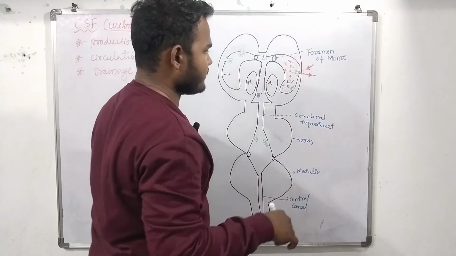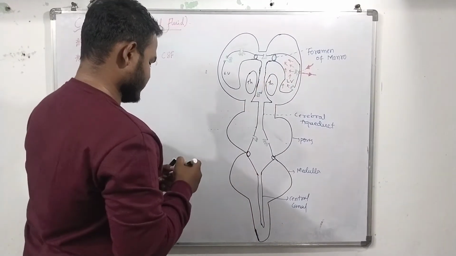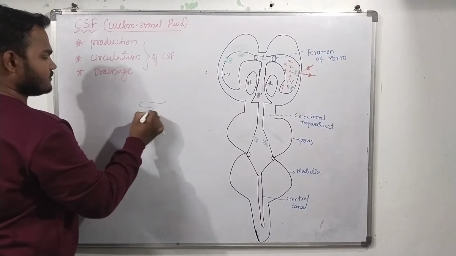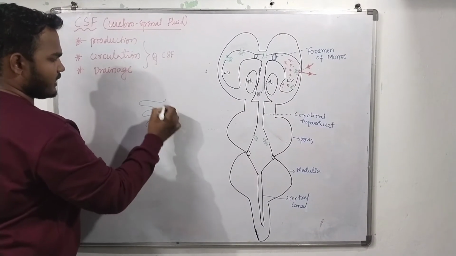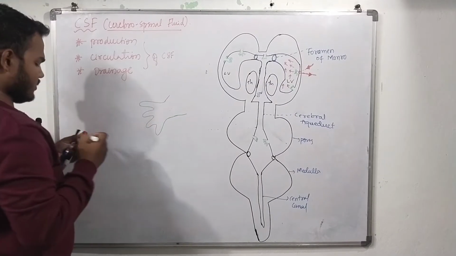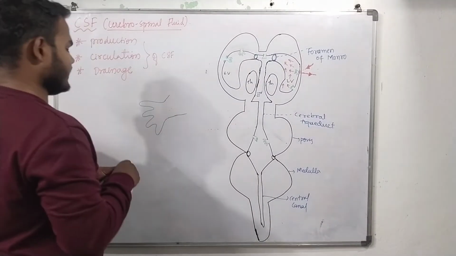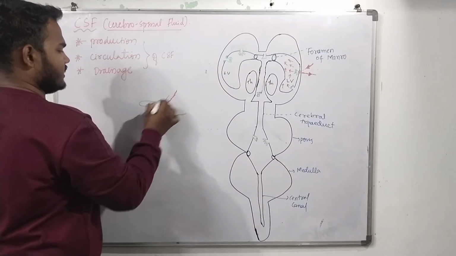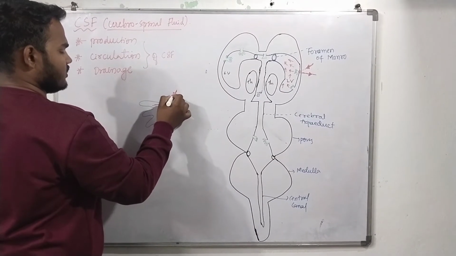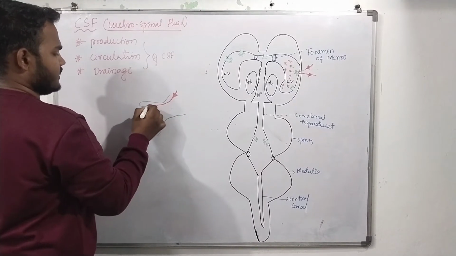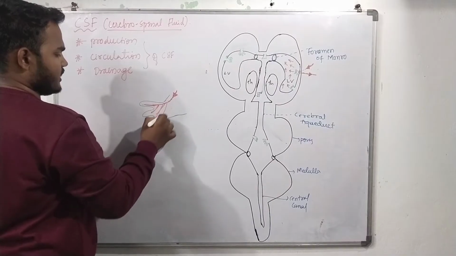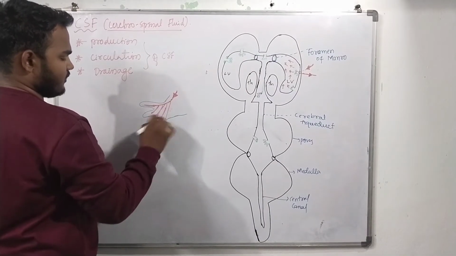If we see this once again, this is the choroid plexus. Let me draw. This is our choroid plexus. In this choroid plexus, the arterial blood comes to the choroid plexus and this blood is filtered.